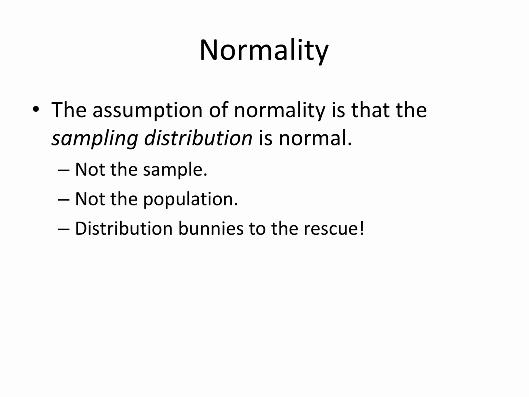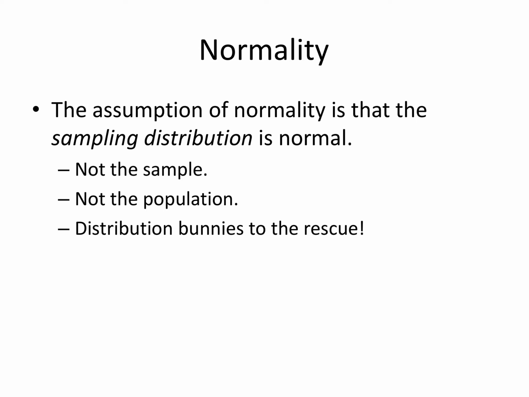I am not the best at explaining sampling distributions without a giant whiteboard and lots of scribbling. So the best way to understand sampling distributions is to watch a video called Distribution Bunnies. It's linked on Blackboard. If you are not one of my students and want to watch this, you should Google central limit theorem bunnies. It'll be like the first thing that pops up.